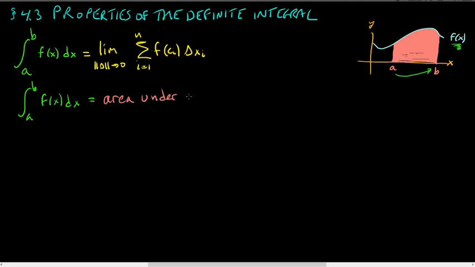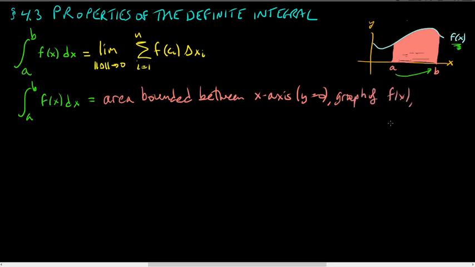Well, instead of saying it that way, let's say it's the area bounded between the x-axis, which is just y equals 0, and that's the lower boundary. The upper boundary is the graph of f of x. And also between x equals a, so that's a vertical line, and x equals b. Okay, so in other words, this finite region in here. So that's the area.